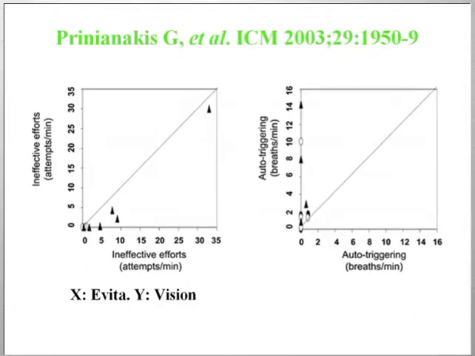What they observed was that with the new system, the number of ineffective inspiratory efforts was significantly decreased in comparison with the conventional one. This is what you see here to your left.